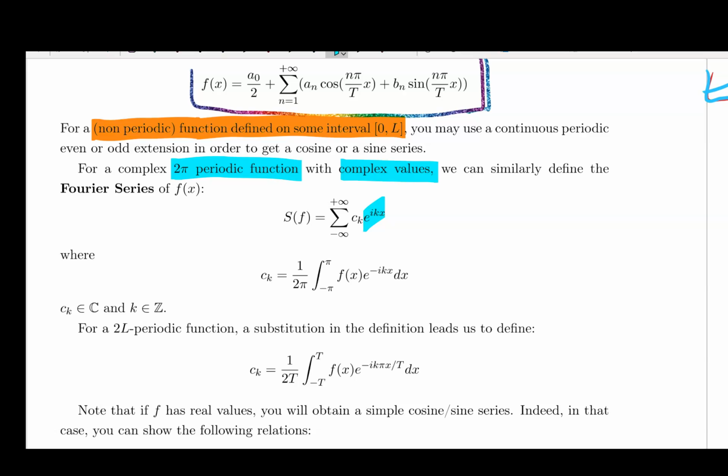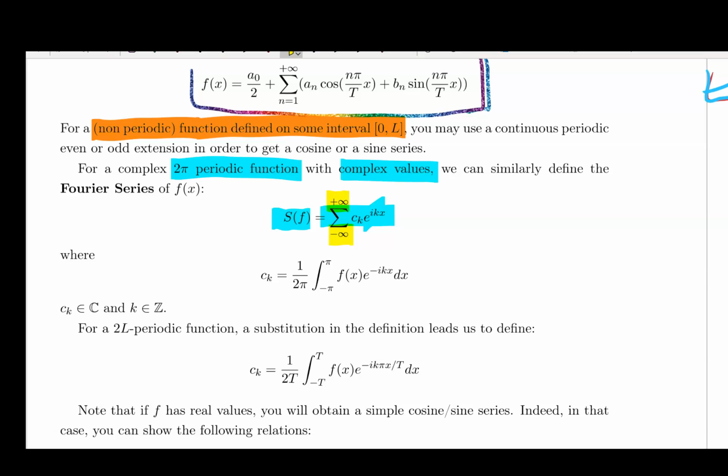Okay, so let's say that the complex Fourier series of a function, let's give that a name, S of f, the same way as we defined the trigonometric series earlier. It's going to be an infinite sum of such complex exponentials, but this time notice that my sum goes from negative infinity to plus infinity.